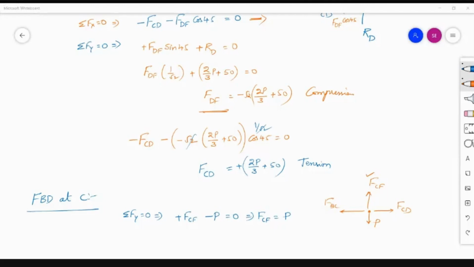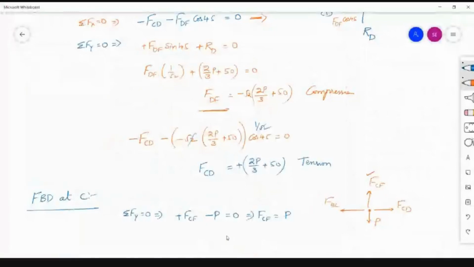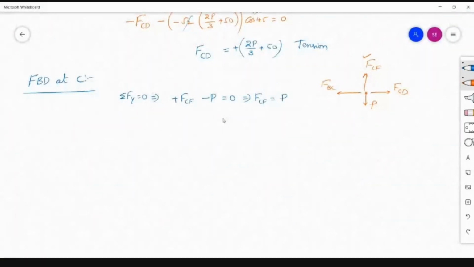So now what we have done till now, we calculated the forces in the members due to the external load system. That is, 150 kilonewtons is the load that is acting at B, and a fictitious load is applied at C. Why have we applied this fictitious load? To do the partial derivative. So as per Castigliano's theorem, to get the deflection at C, as the load is not available at C, we have applied a fictitious load.